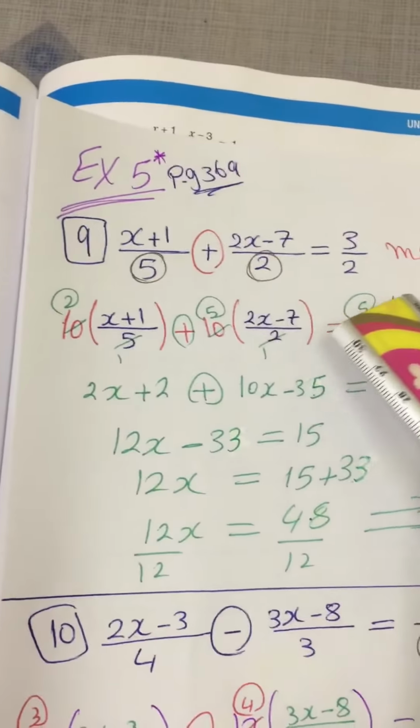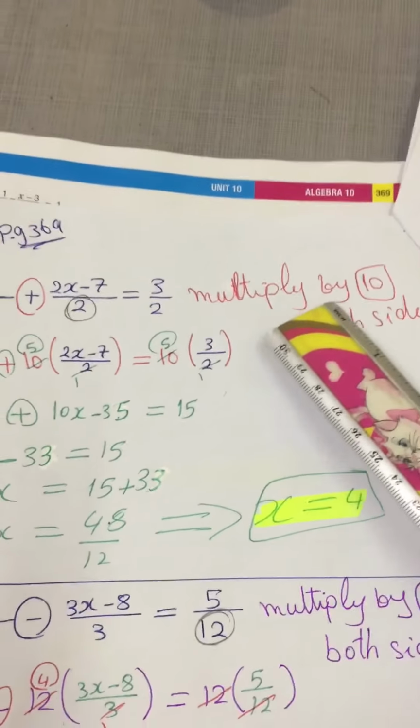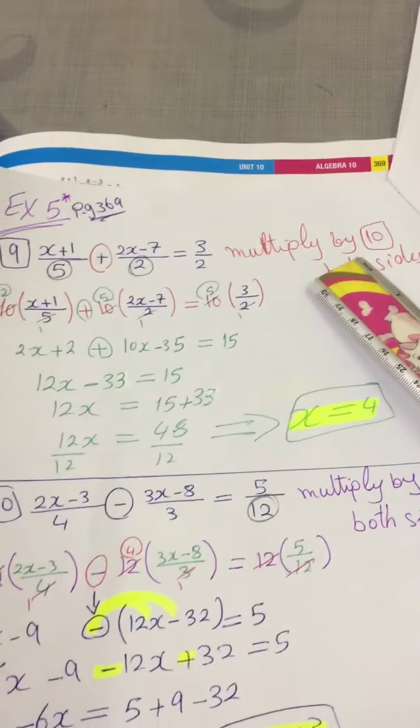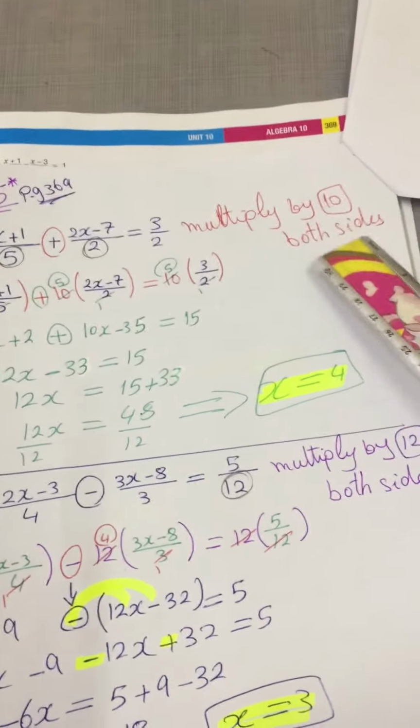So what can I do here? I multiply them by each other. So 2 times 5 equal 10. So I multiply both sides by 10 to remove the denominator.